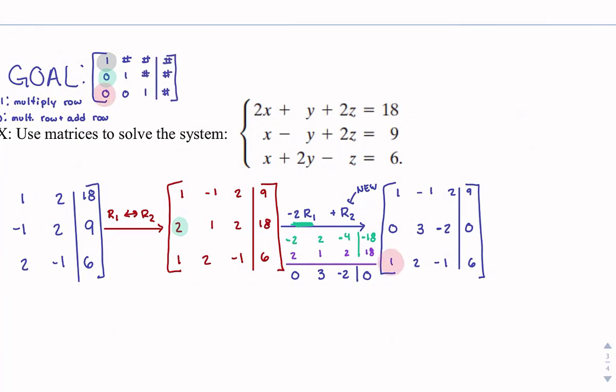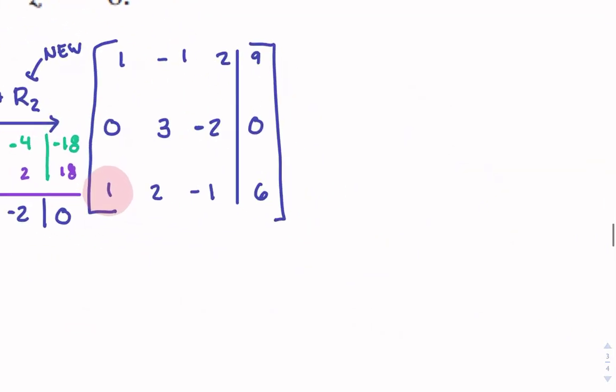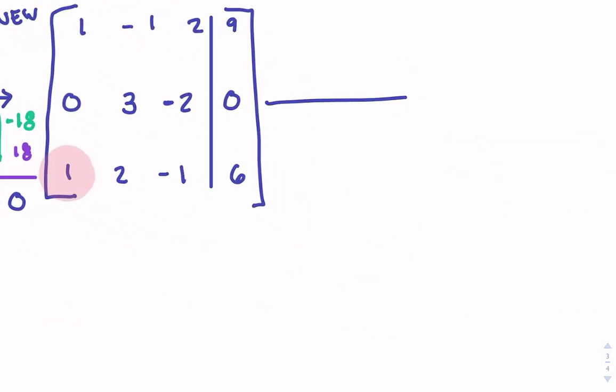My next step is I want a 0 in row 3. I have a 1 there, which is not a 0. Remember, when I want a 0, I need to multiply a row and add it to another row. I can't use row 2 because anything times 0 is going to give me 0. So my only choice is row 1. 1 plus what would give me 0?